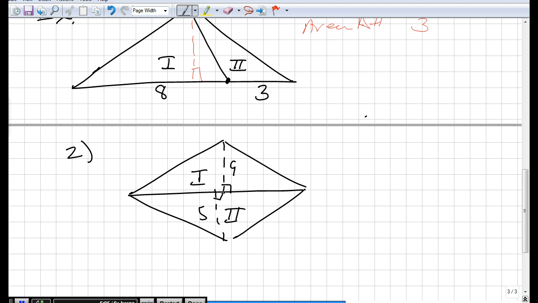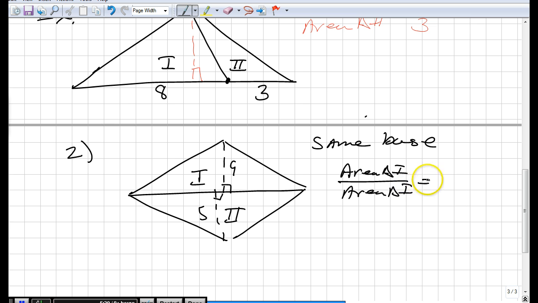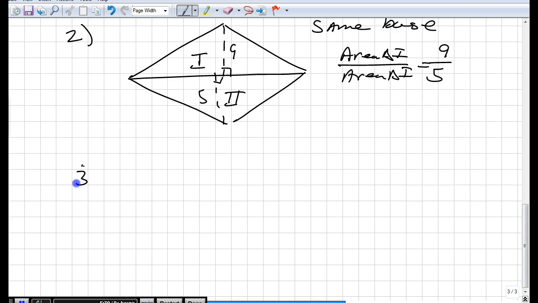So these two triangles have the same base, and therefore the area of triangle 1 is to the area of triangle 2 as the ratio of their heights. So that's going to be 9 over 5.